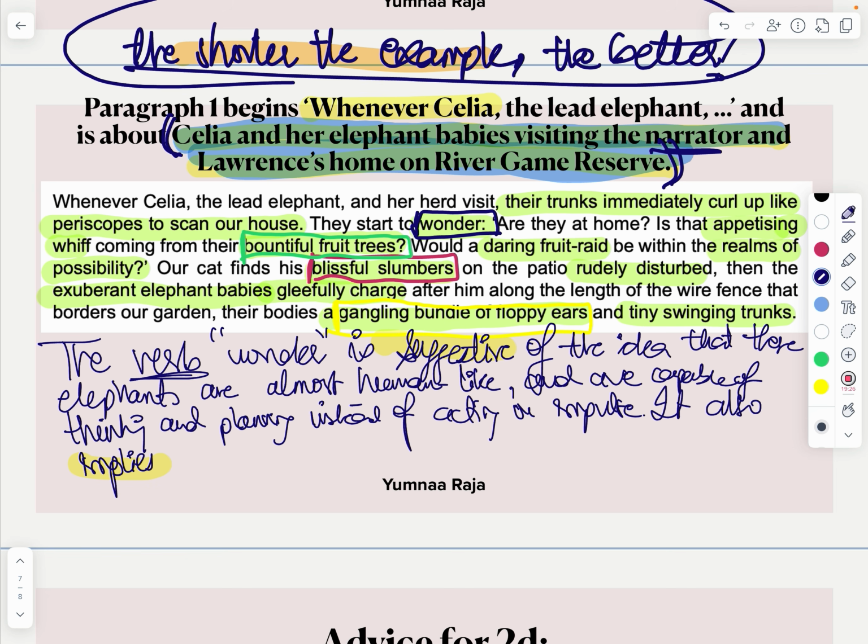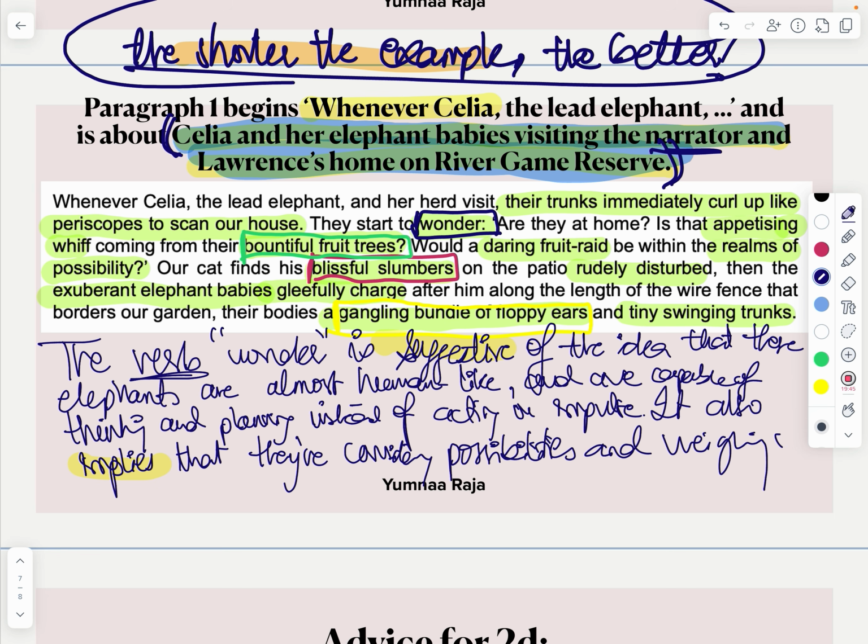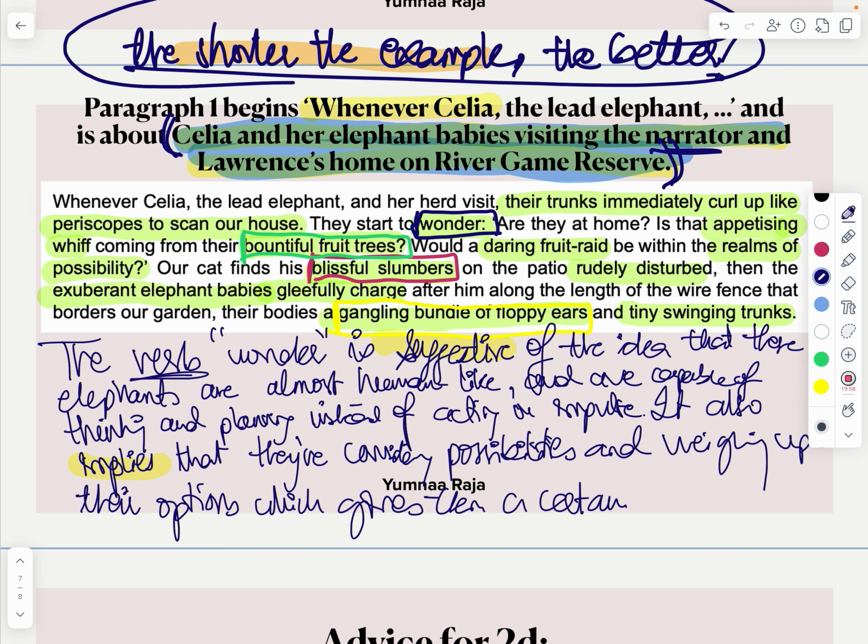It also implies that they are considering possibilities and weighing up their options, which gives them a certain kind of personality.